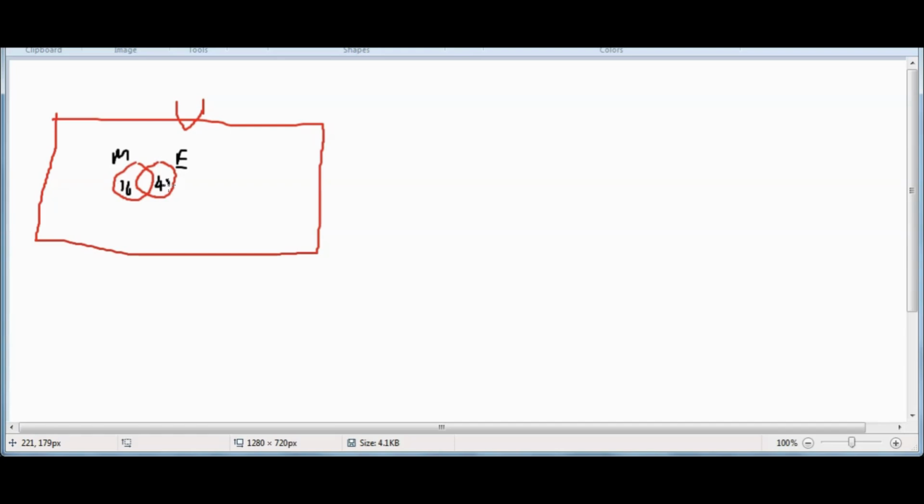They stay within the rectangle. 7. x students pass both math and English. So we write x here in the intersection space between M and E. This is the point where the two circles intersect. Voila, that's your Venn diagram.